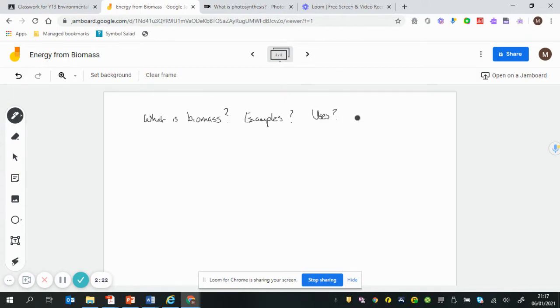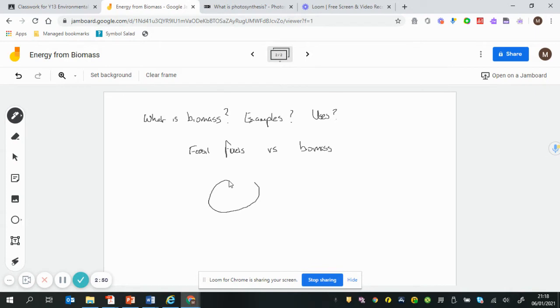Those are straightforward enough, but what is most important, what I want you to produce and put onto Google Classroom, is to compare and contrast fossil fuels and biomass, because I think there's a fair bit of crossover between them, right? So I want you to put together some structure. I tried a sort of Venn diagram, with the common similarities in between.